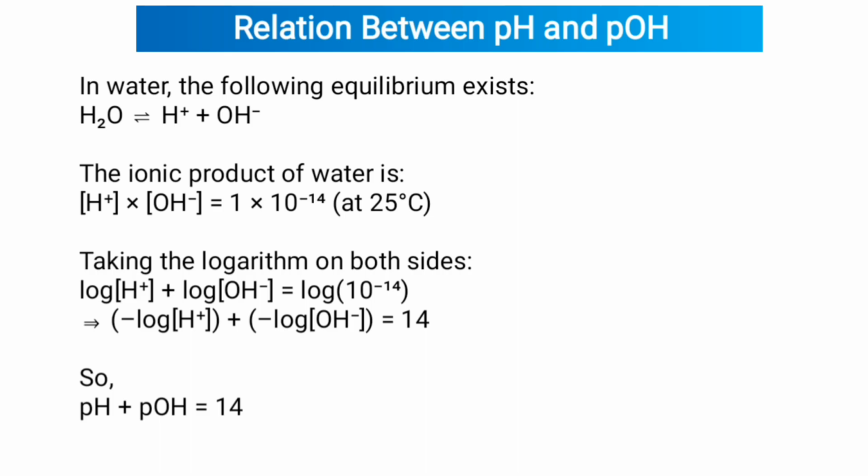Taking the logarithm on both sides, log [H+] plus log [OH-] is equal to log 10 raised to the power minus 14, which gives negative log [H+] plus negative log [OH-] is equal to 14. So pH plus pOH is equal to 14.